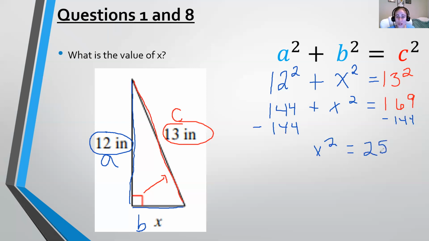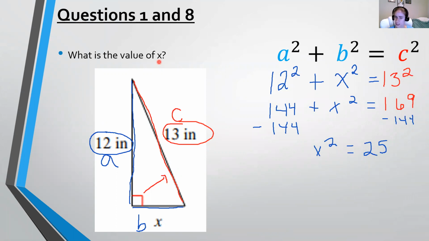All right, we're so close to being done. But the trick is, we're not done because we have an x squared. And if we look back at the directions, it didn't ask us to find x squared, it asked us to find x. So just like we did a moment ago when we solve equations, we have to do the inverse.